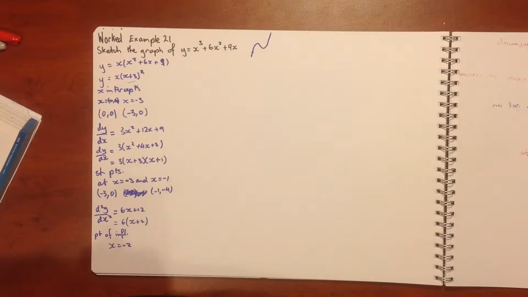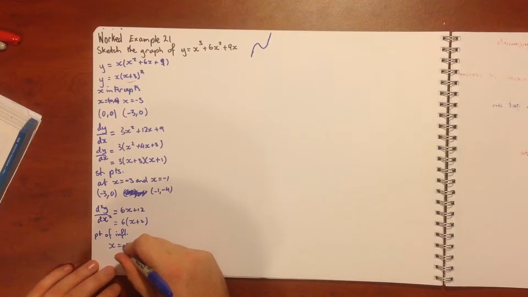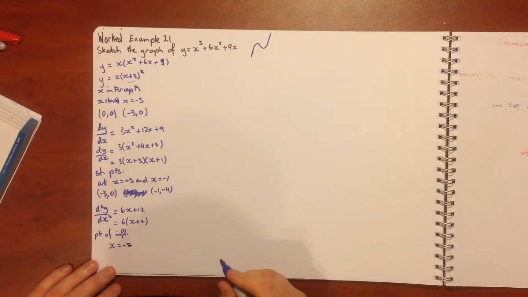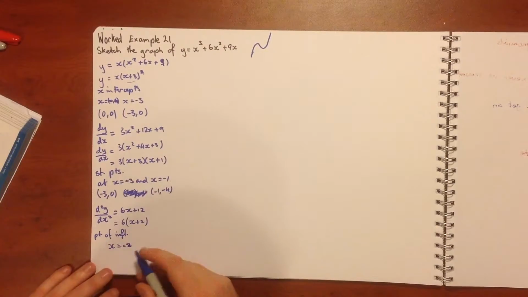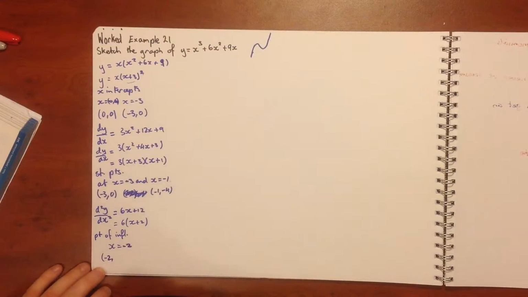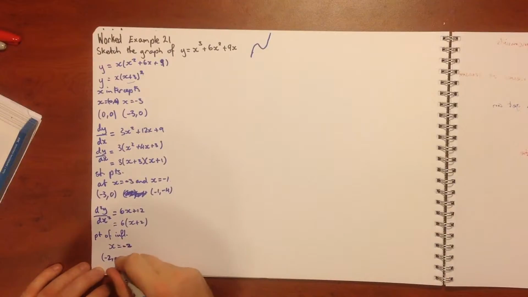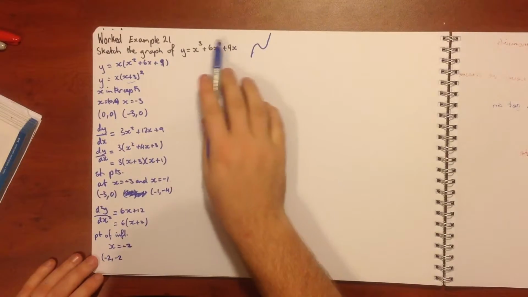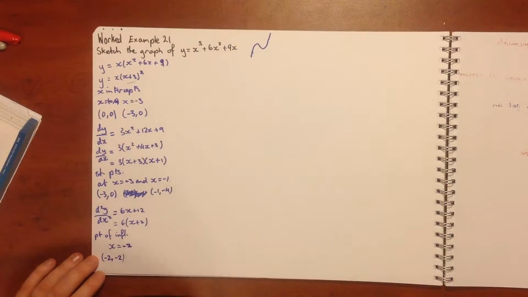We found our point of inflection here, but we haven't actually put that back into our original equation. When we do that, we find the point of inflection is actually (-2, -2). When we put -2 into here, we get -2. So we're building up the information that we need.